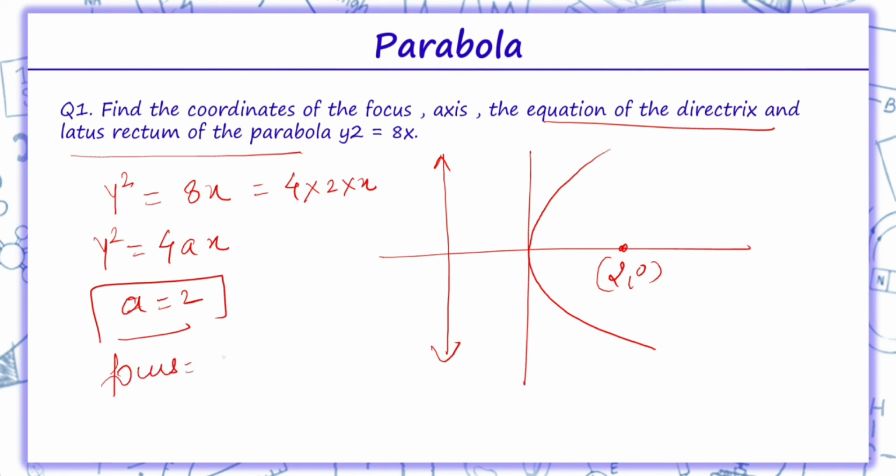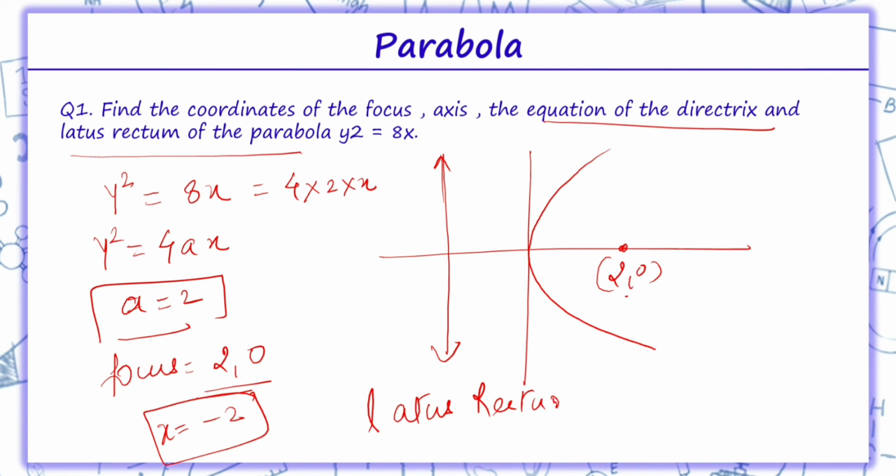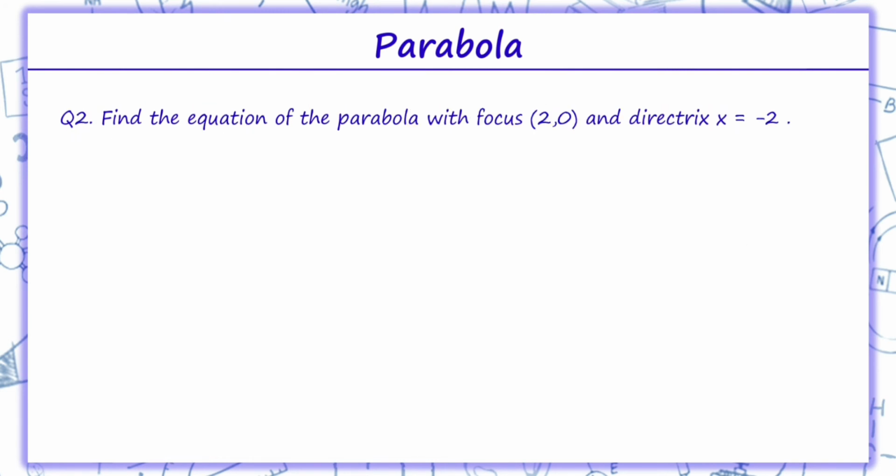Since it is lying on the positive x axis, the equation of directrix is x equals minus 2. The length of latus rectum is given by 4a, which is equal to 4 into 2, that is 8.